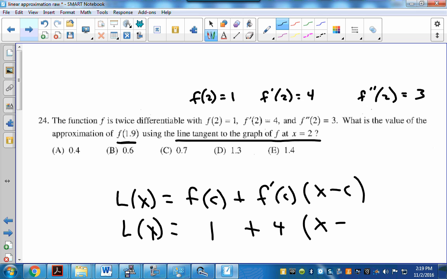X minus 2. That's the c value right there, right? So notice that this is saying f of c is equal to 1. F of 2. So this is 2. There. So that's the line, and that's about the same as the function. Okay, so just go ahead and put 1.9 there, and there, and there. Pick an answer, and you're done.